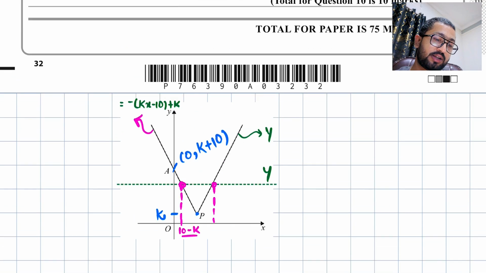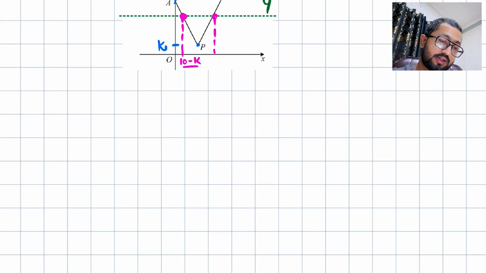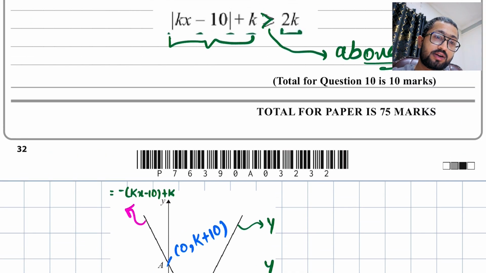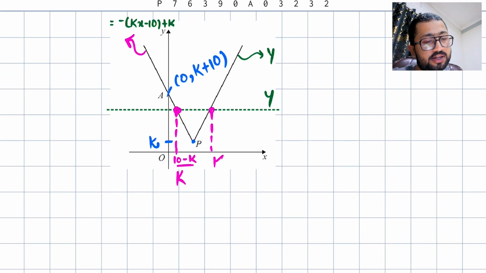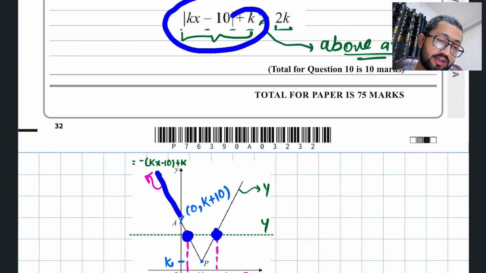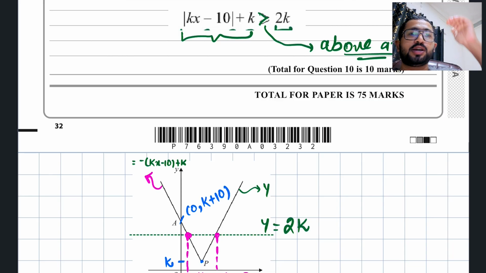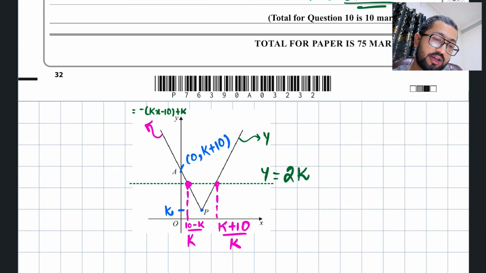The points of intersection are (10 minus k) over k, and the second one is (k plus 10) over k. Perfect? Perfect. Your modulus graph is greater than 2k graph. Greater than means above area, you have to shade that one.